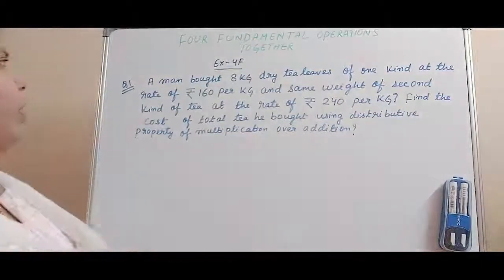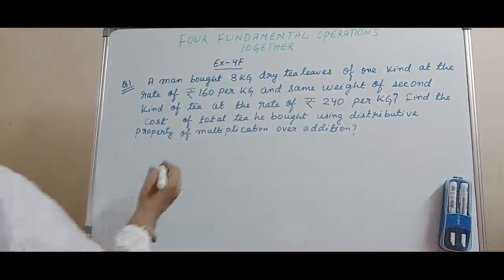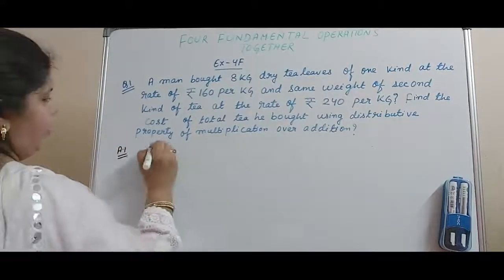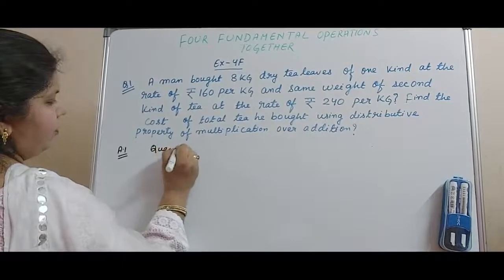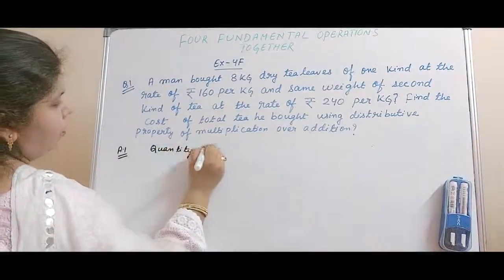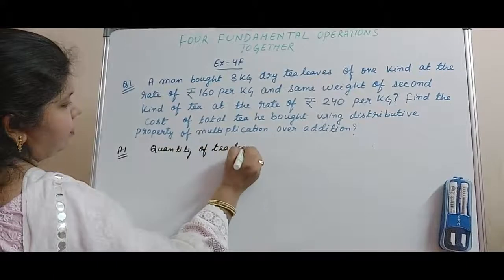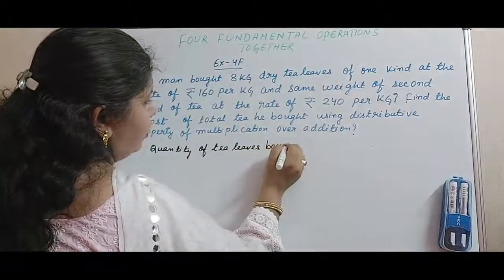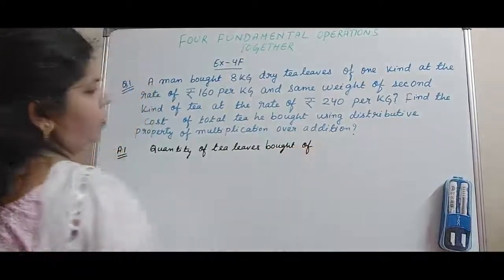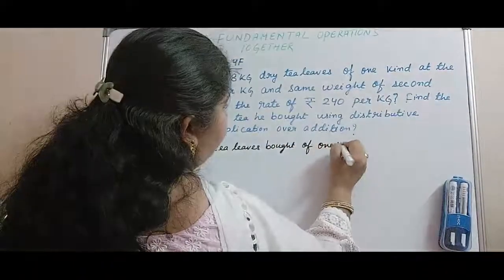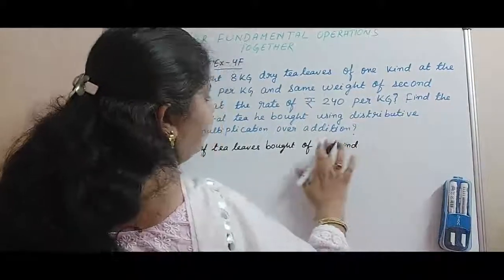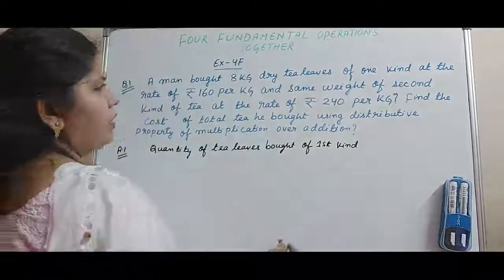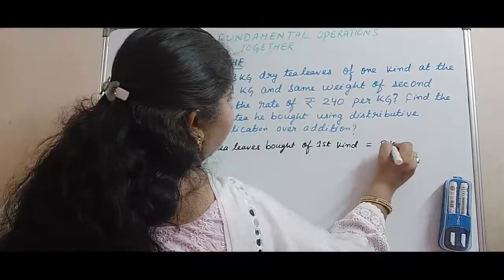Okay, so what we have to write here? First statement, quantity of tea leaves bought of first kind equal to 8 kg.